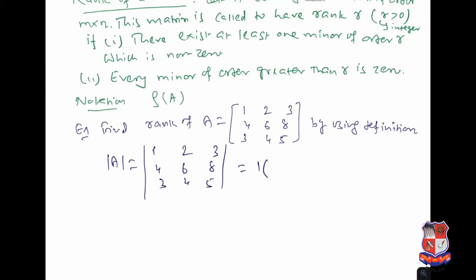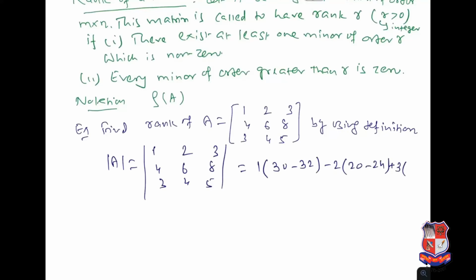which is minus 32. Then minus 2 times (4 into 5 minus 3 into 8), so that is 20 minus 24.